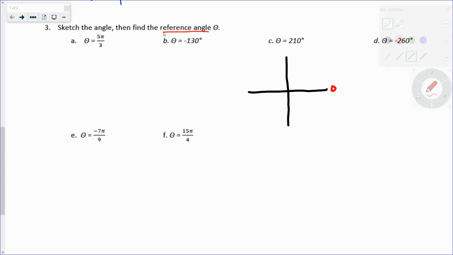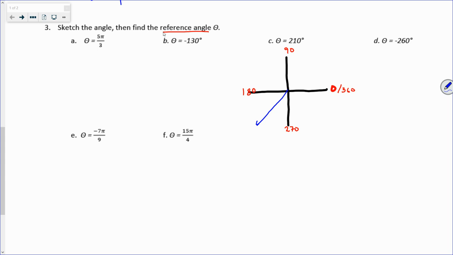Here's 0. Let's get a little thinner line here. Here's 90. Here's 180. Here's 270. And then 360 again, of course. So 210 is clearly in here somewhere.